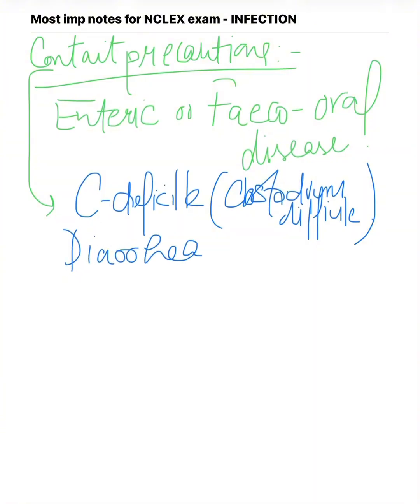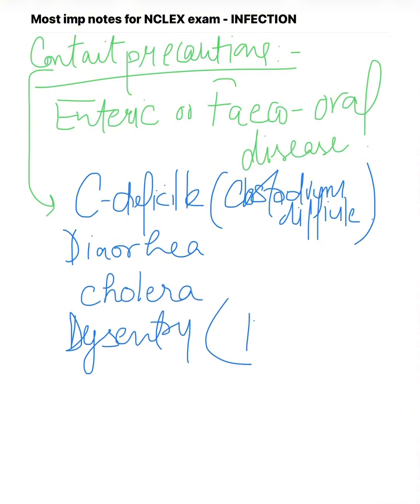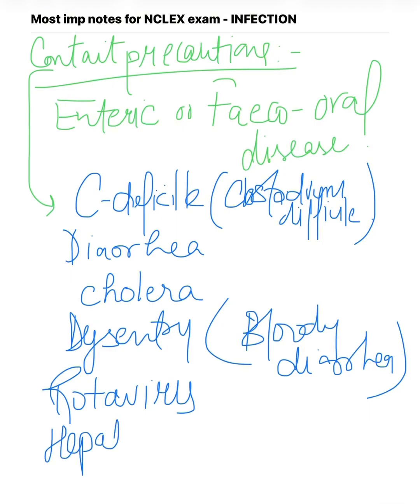Next one is cholera. Next one is dysentery, also called bloody diarrhea. Next, these are all under contact precautions: rotavirus, hepatitis A, and Salmonella typhi.